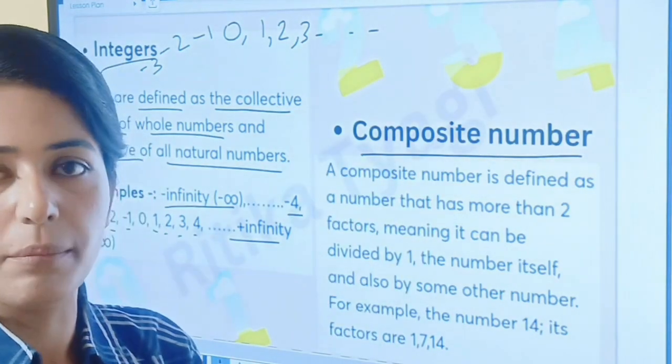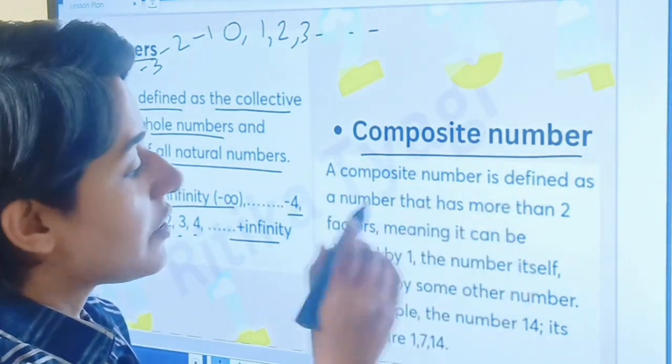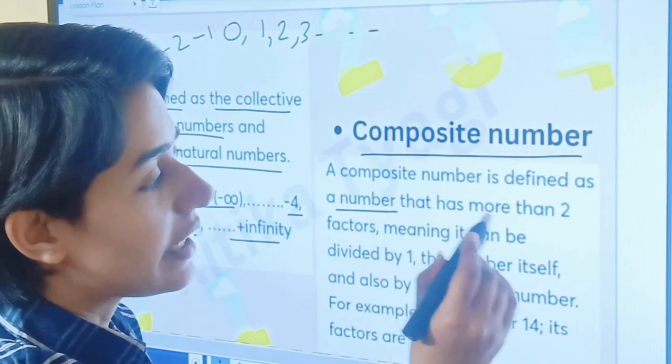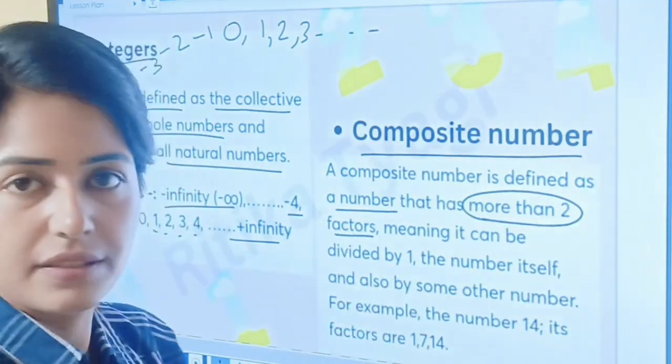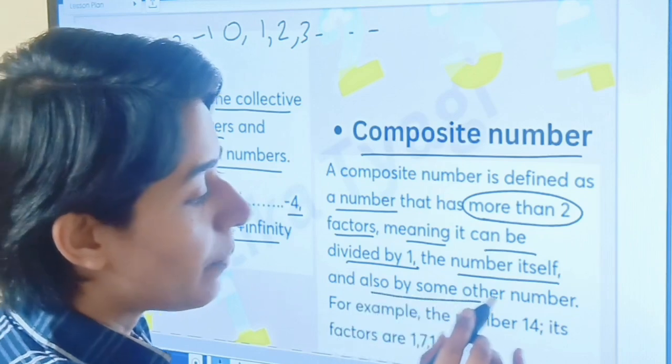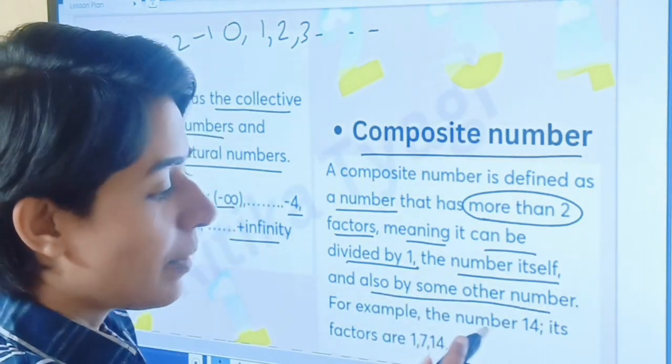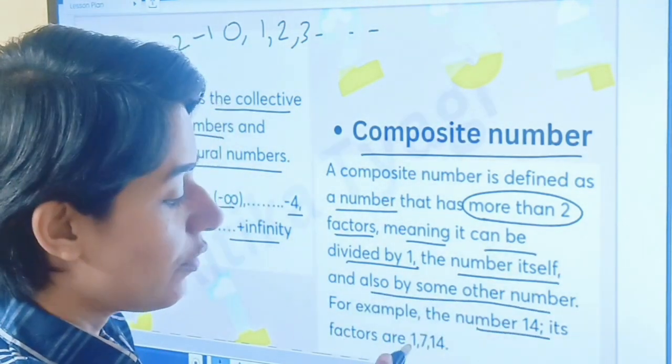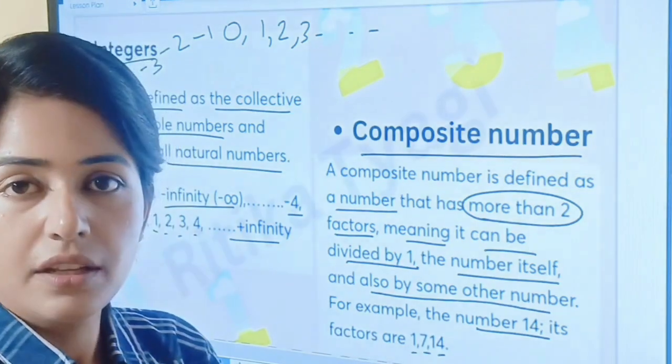Next, composite numbers. A composite number is defined as a number that has more than 2 factors, meaning it can be divided by 1, the number itself, and also by some other number. For example, the number 14, whose factors are 1, 2, 7 and 14.